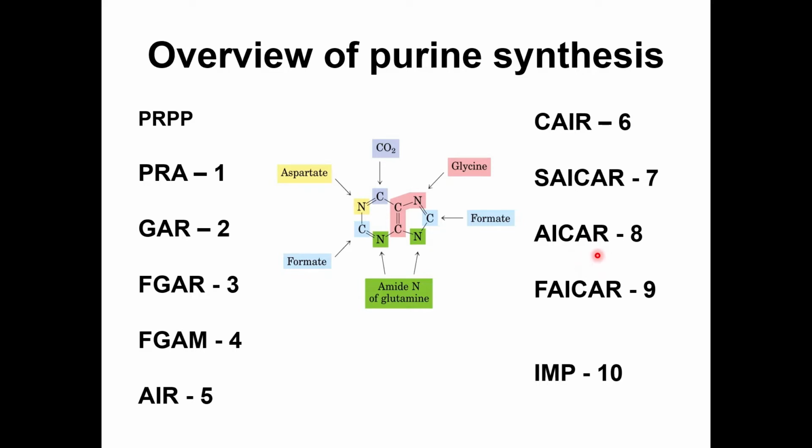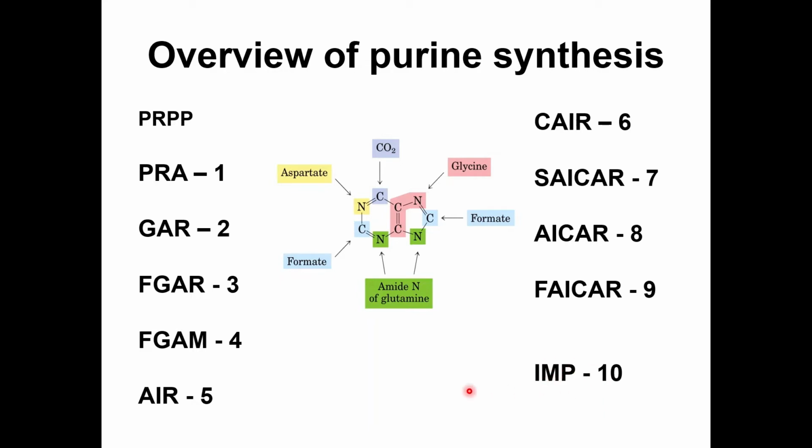After this, formylation again takes place with the help of the enzyme formyl transferase. The last purine carbon is added as a formyl group to form FAICAR. In the final step, again ring closure: IMP cyclohydrolase catalyzes closure of the second purine ring to form IMP.